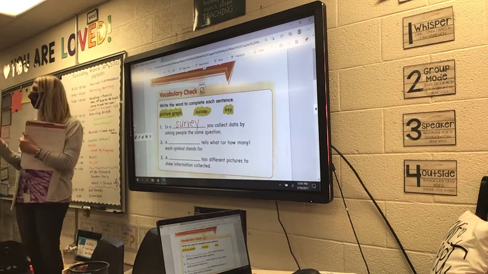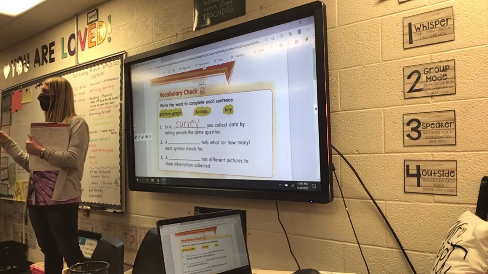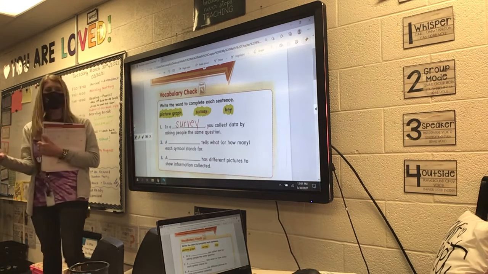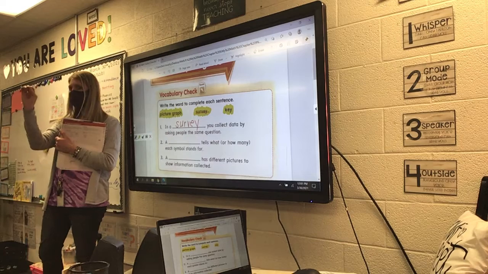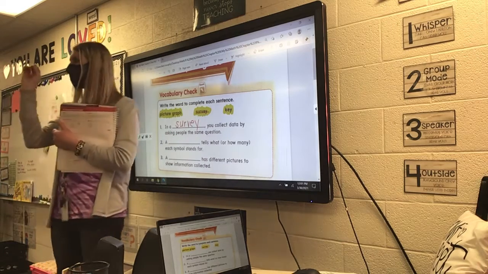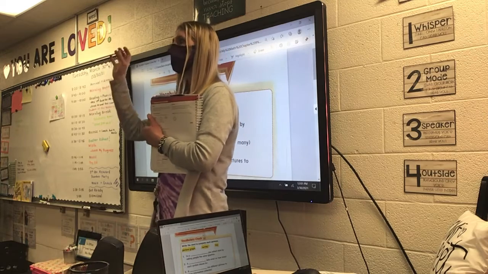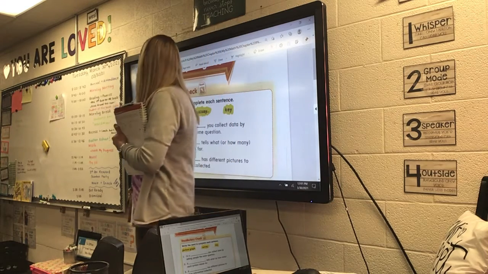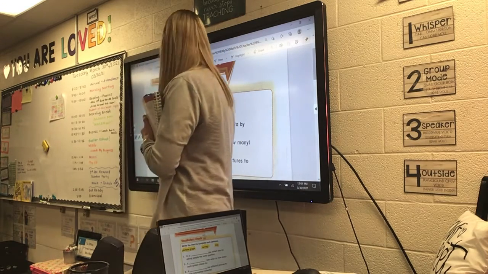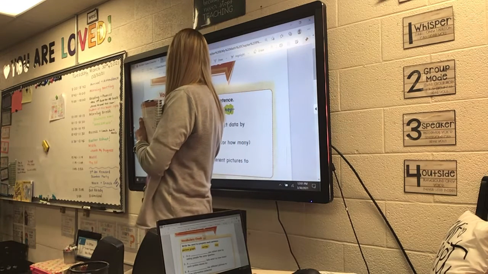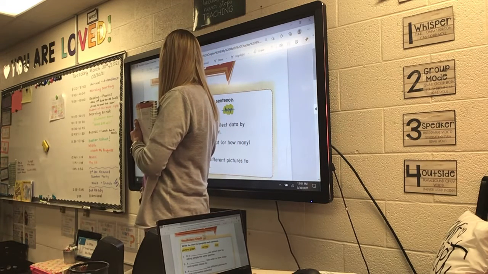Are you using the picture graph or the key? Key. You're using the key. Remember, when you look at the picture and the key, the picture is the symbol, and it'll tell you like 1 pie or 1 piece of pizza equals 1 vote. So you need to always look at the key to tell you how much each symbol is.